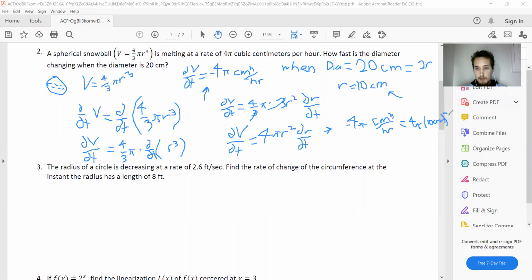Ten centimeters squared dr/dt. I am going to rewrite that.